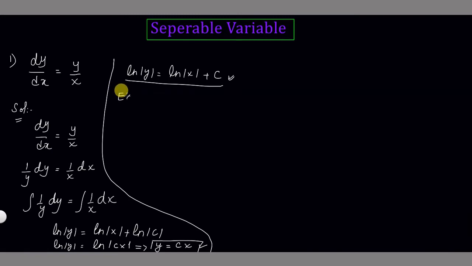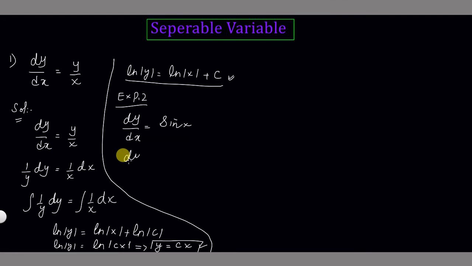Example number 2. For instance, if we have dy over dx is equal to sin x. If we want to solve this differential equation, obviously it is a first order differential equation.